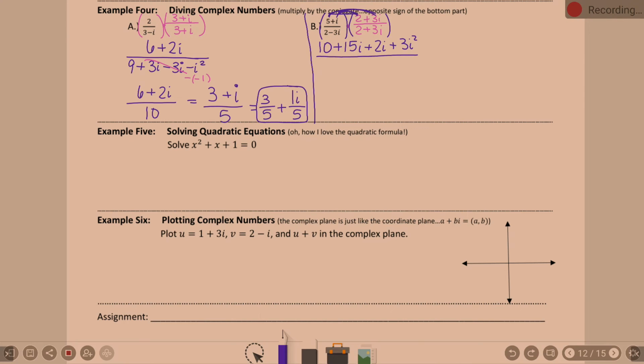Denominator, 4 plus 6i minus 6i minus 9i squared. Sorry, I hope you're not disappointed in me. I did the foiling for you. Okay, what do you see on top?